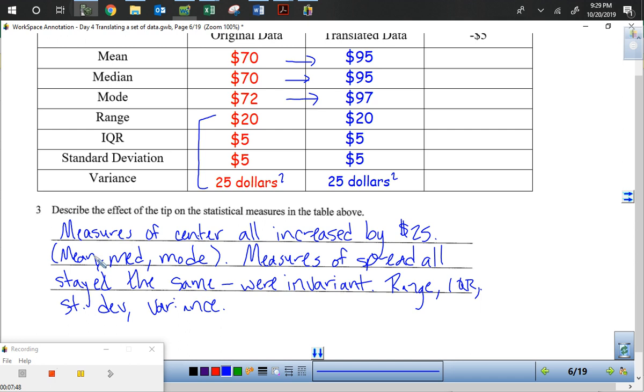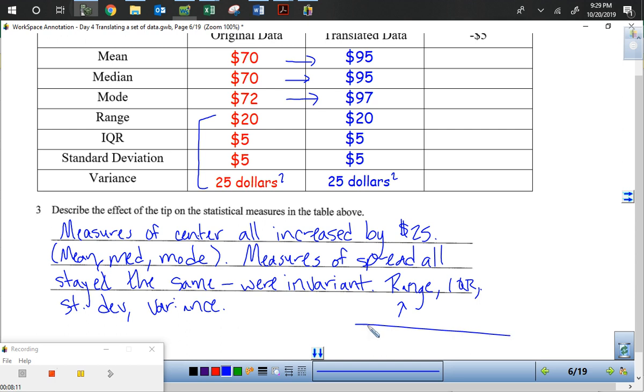Now, remember I said the mode acted this way because it was an individual item in the set, whereas range, IQR, standard deviation, and variance are all measures of spread, which means they're calculated using a distance measure. You take this minus this. Let's just focus on range to talk about this.